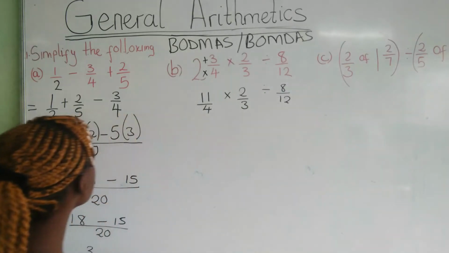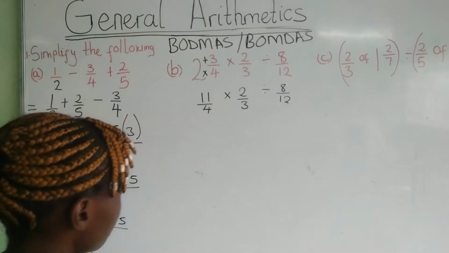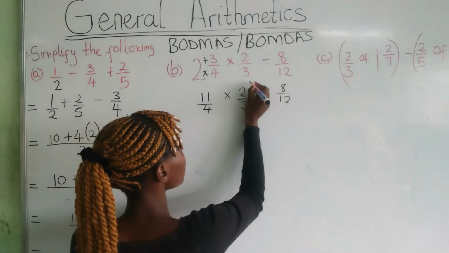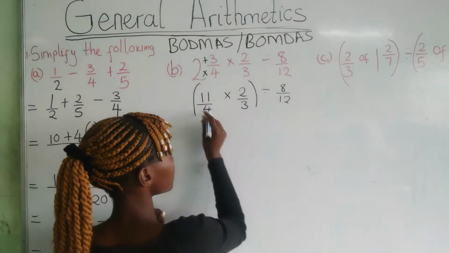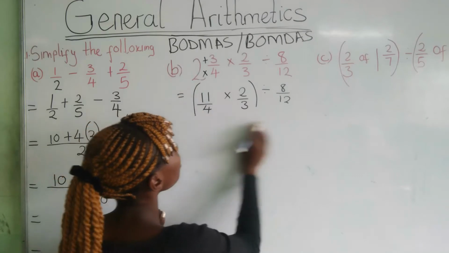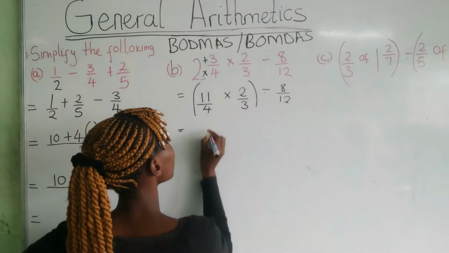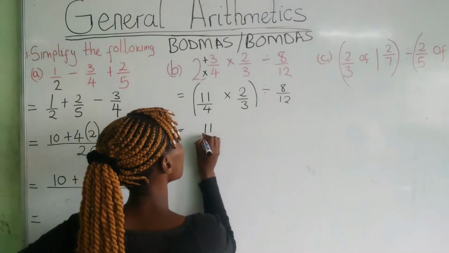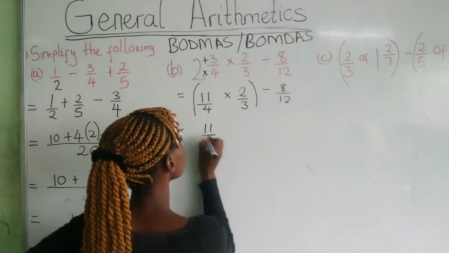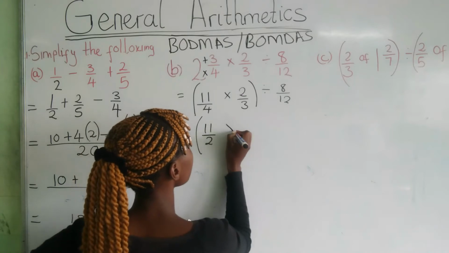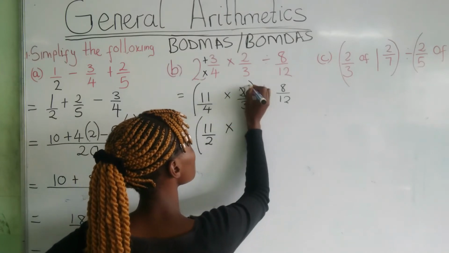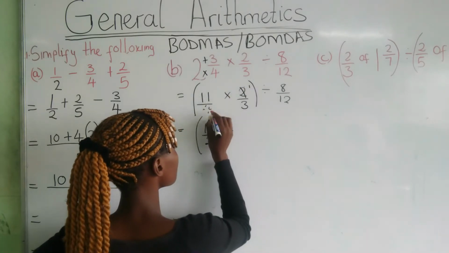I will put brackets where I want to start first. So for this part, I'll put my brackets here. 2 into 4, I get 11 over 2, times 2 into 2, 1, 2 into 4, 2.